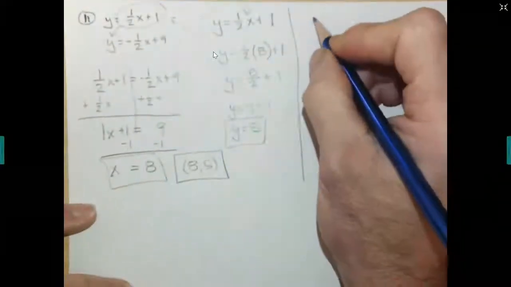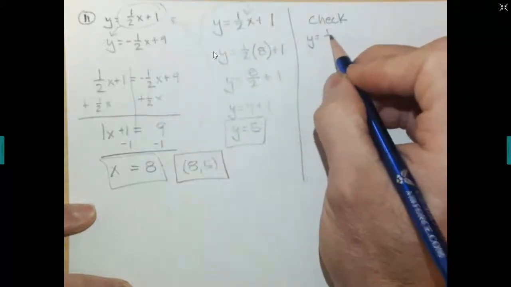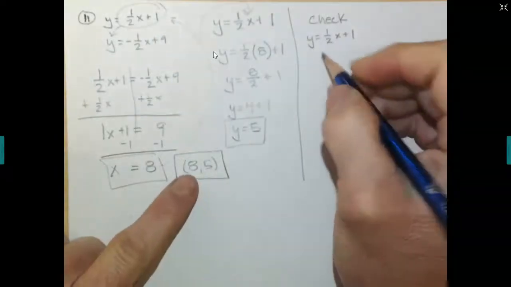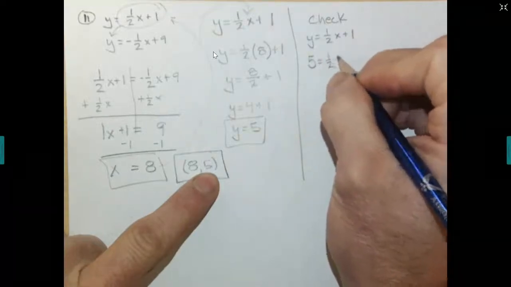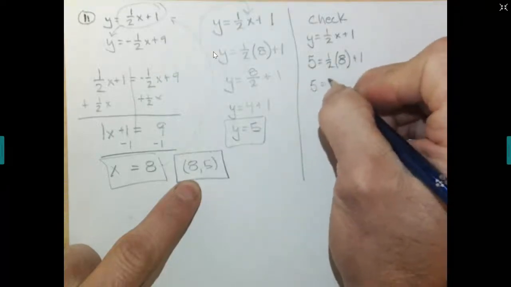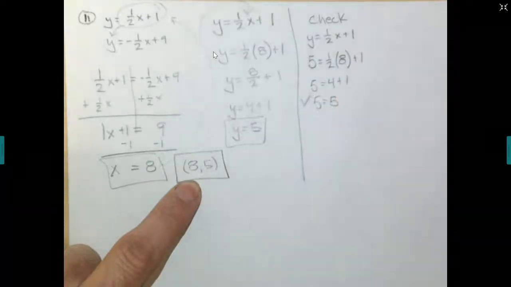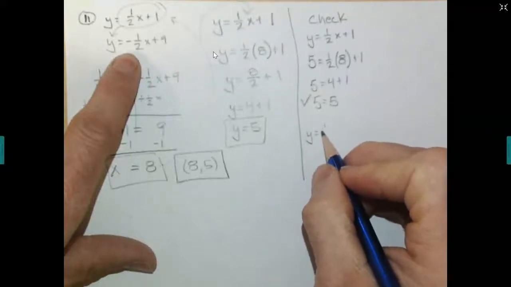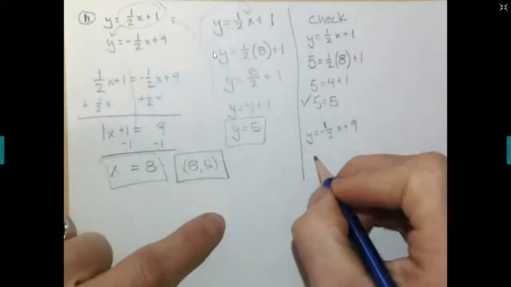So I'm going to check by plugging it in. So y equals 1/2 x plus 1. So I'll plug these in. So 5 is my y. So 5 equals 1/2 times 8 plus 1. 5 equals 4 plus 1. 5 equals 5. That checks out. My second equation is y equals negative 1/2 x plus 9.